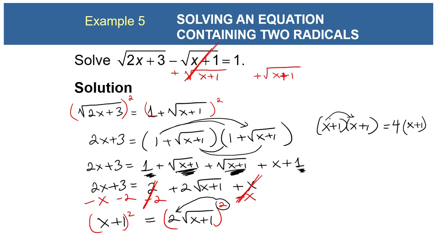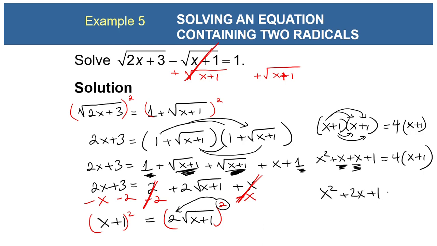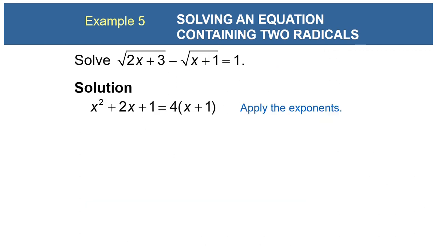We have to FOIL. So I have x² + x + x + 1 equals 4 times (x + 1). Let's collect like terms. x² + 2x + 1 equals 4 times (x + 1). So now we can distribute that 4.